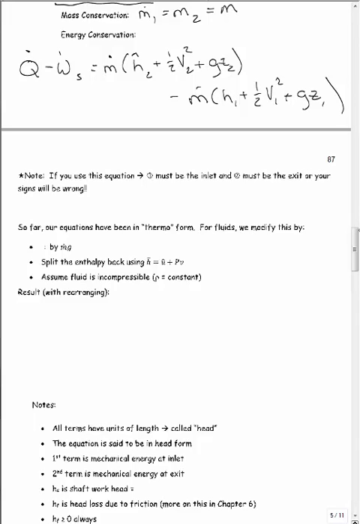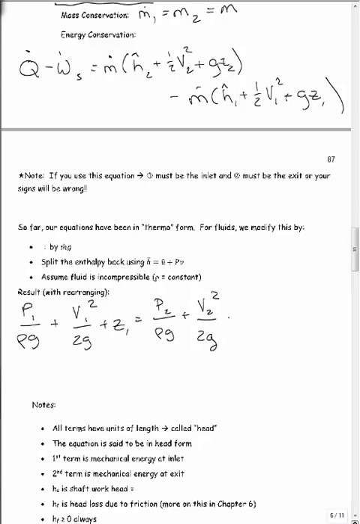So if we first of all just break this H, the little h, or enthalpy, back into u plus Pv, and then just totally rearrange this, what you're going to get is, so we have our P's in here, we're going to end up with P1 over rho g plus V1 squared over 2g plus z1 equals P2 over rho g plus V2 squared over 2g.